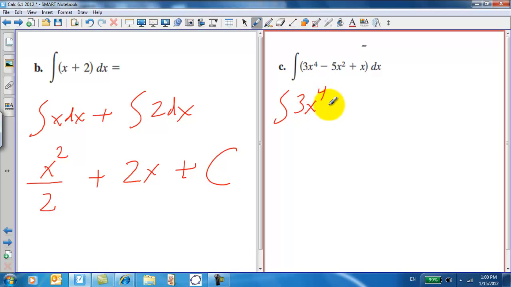The antiderivative of 3x to the 4th, you can distribute the antiderivative over addition and subtraction, plus the antiderivative of x dx. So the constant multipliers come along for the ride.